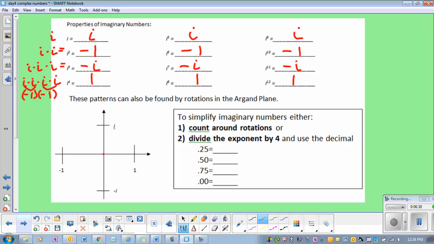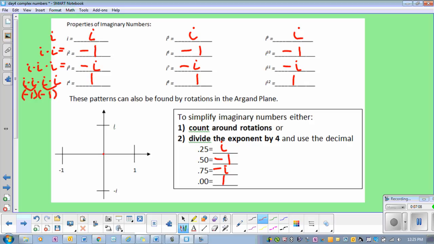If you divide and use the decimal, this is 1, this is i, -1, -i. I don't use this way, my brain doesn't compute. I'm going to show you the way that I use, but I wanted you to see this way.